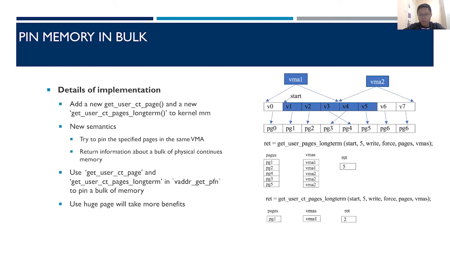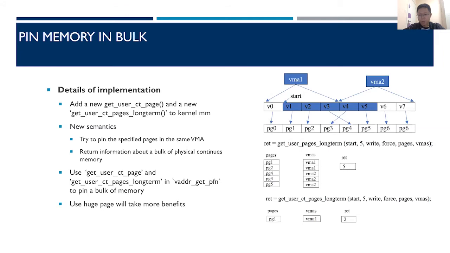To make VFIO DMA map pin memory in bulk, we add two functions in the kernel. They are get_user_contpages and get_user_contpages_longterm, corresponding to get_user_pages and get_user_pages_longterm. CONT here means physically contiguous. The new functions will try to pin memory and get the information about a bulk of physically contiguous memory.